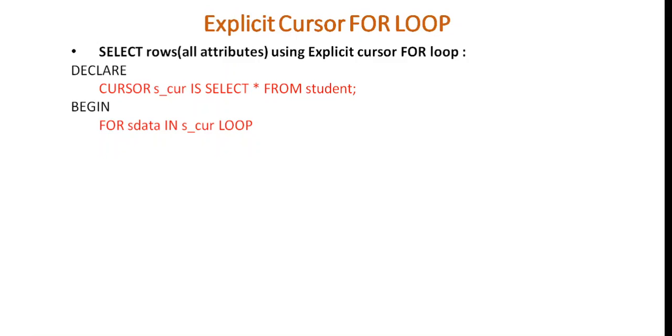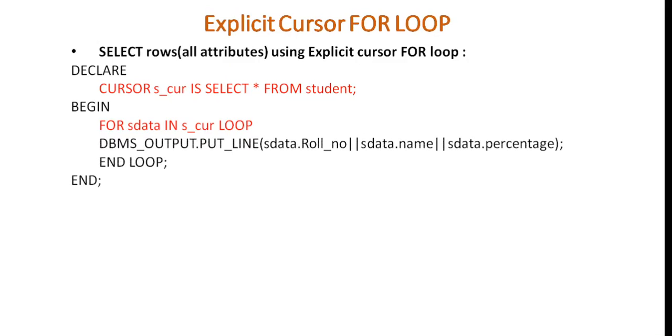Then the loop keyword is there, and in that for loop you write the statement to display your data: dbms output dot put line s data dot roll number, s data dot name, s data dot percentage.